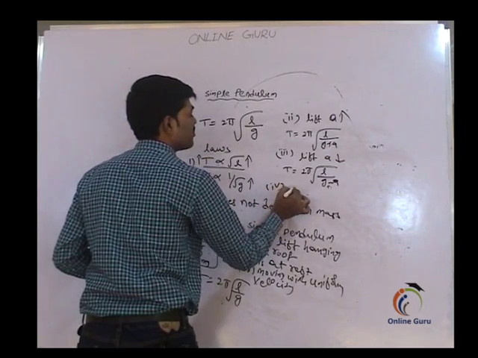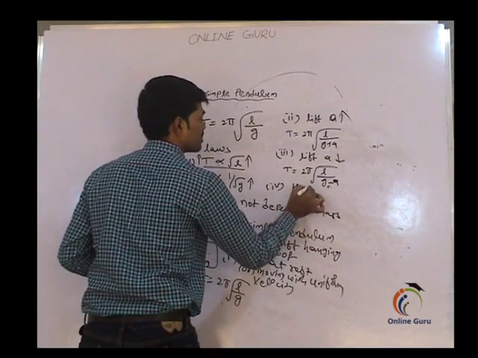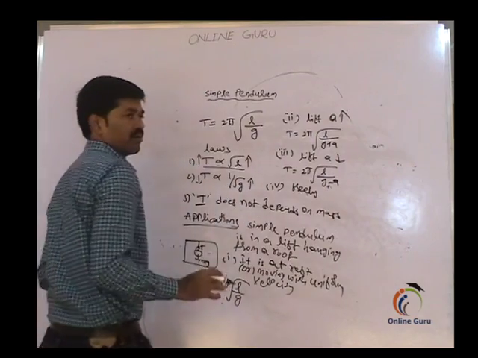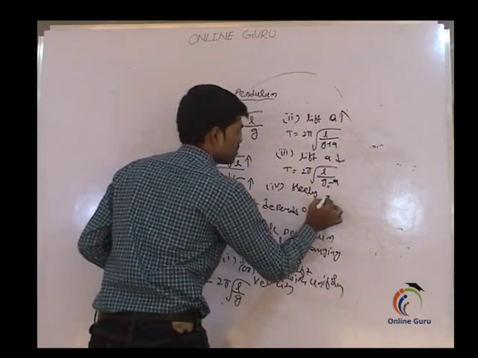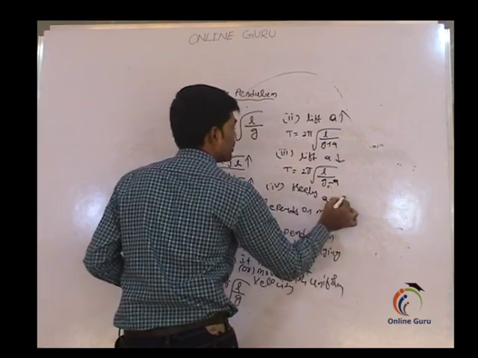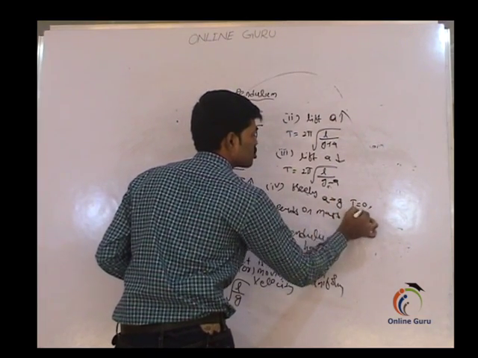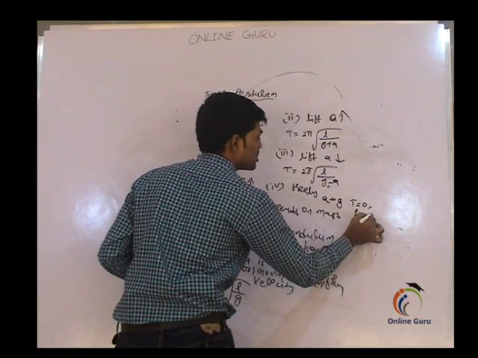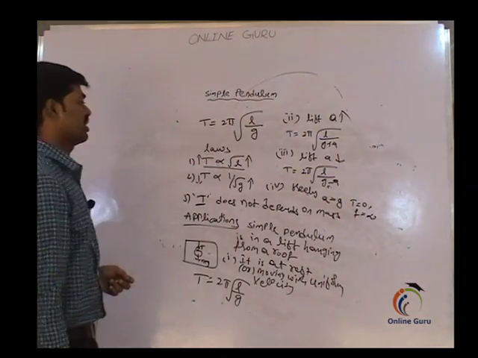If the lift is freely falling, that is, the wire is broken, then a is equal to g and we get time period equal to 0, or frequency equal to infinity.